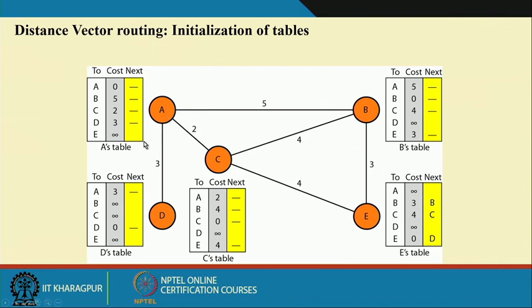How this update process goes on, we will discuss in our subsequent lecture. This way it goes on. We will be discussing more detail on routing, looking at RIP, OSPF, and distance vector and link state routing in our subsequent talk.